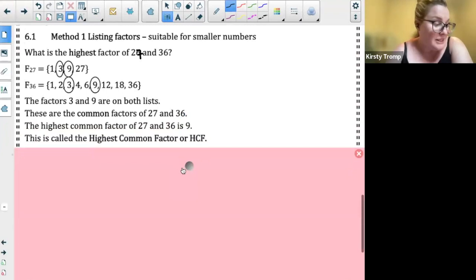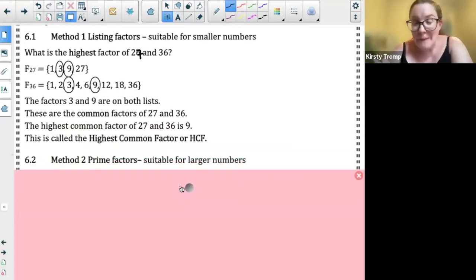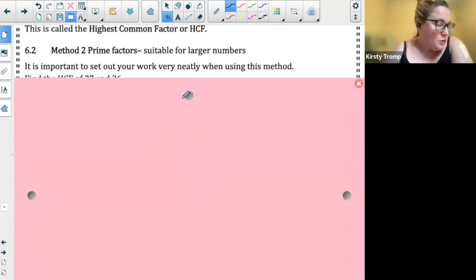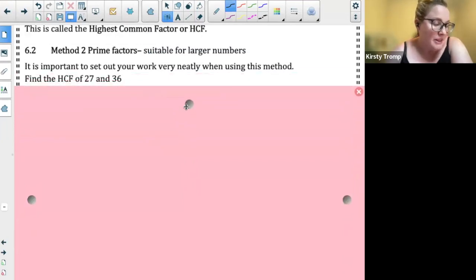What's an easier way to do it? Method 2, the grade 8 way, doing it the prime factor way. So using our ladders and doing it the prime factor way is so much quicker and easier. Let's have a look at how we're going to do it. It's important to set your work out neatly when using this method.